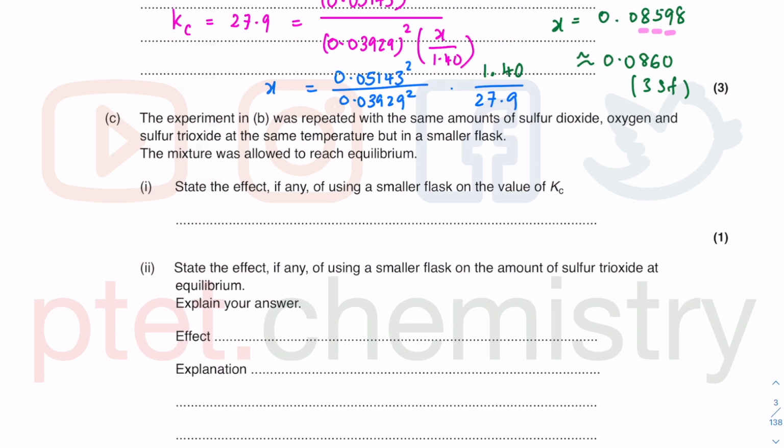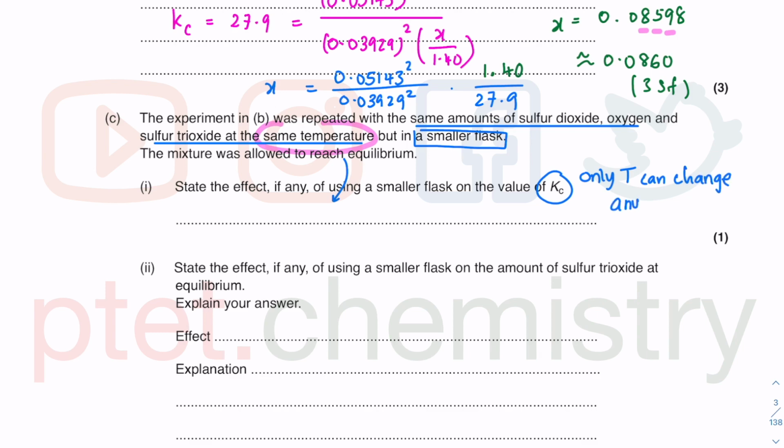In part C, we're going to repeat this experiment, same amount of the three things at the same temperature, but in a smaller flask. So temperature doesn't change, and the key thing here is temperature doesn't change. Only temperature can change Kc. So only temperature can change any equilibrium constant.